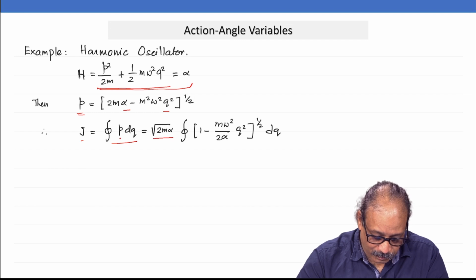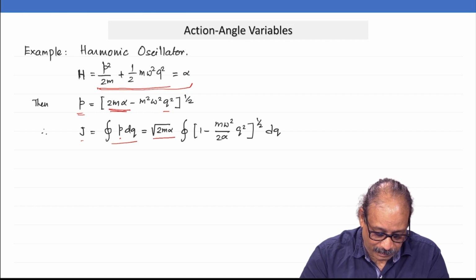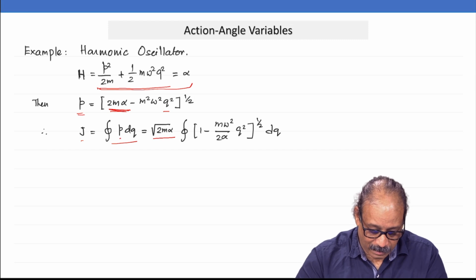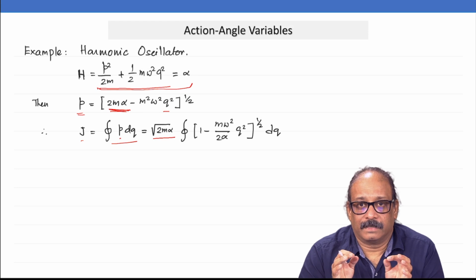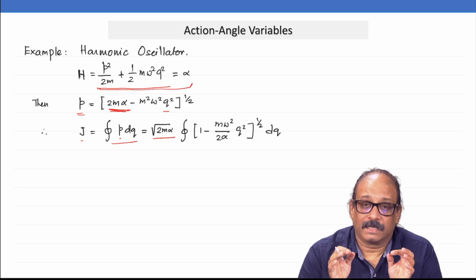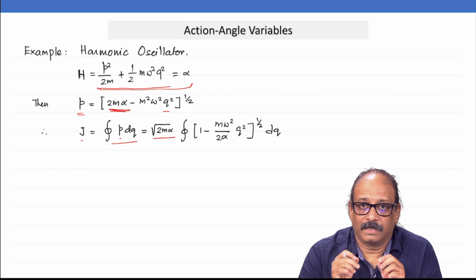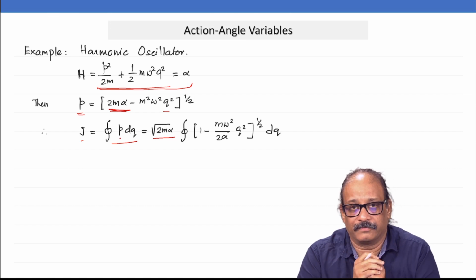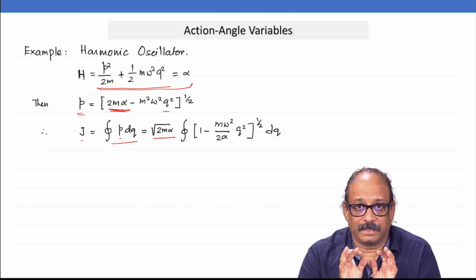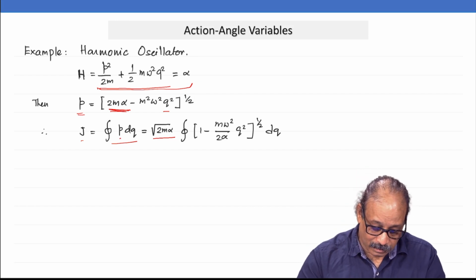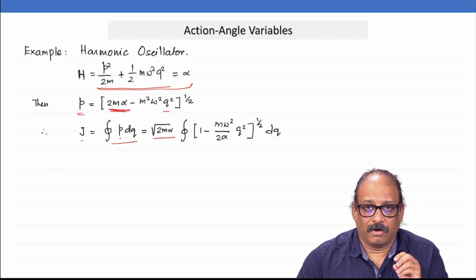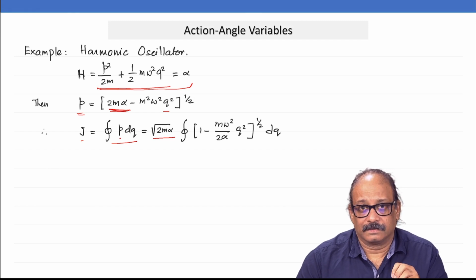So, that would be square root 2m alpha, taking square root 2m alpha common out of this, and what you are left with is the integral of 1 minus m omega square by 2 alpha into q square to the power half. This is an easy enough integral, okay, and we do not need to do much for integrating this. So, the obvious change of variable is to put it to some theta.